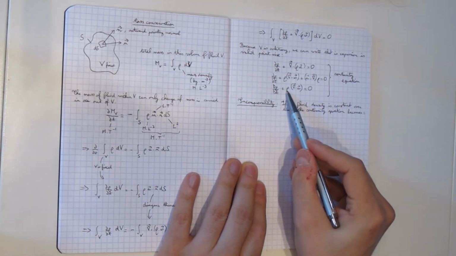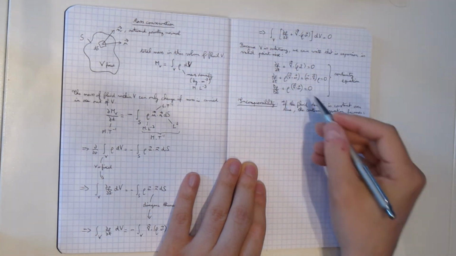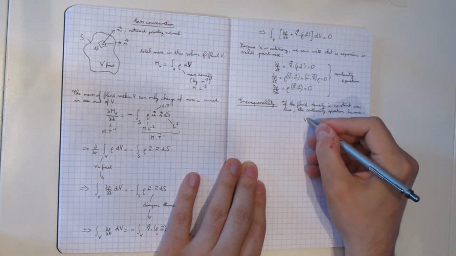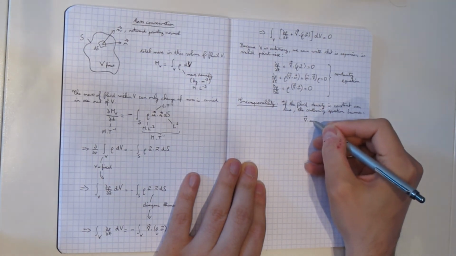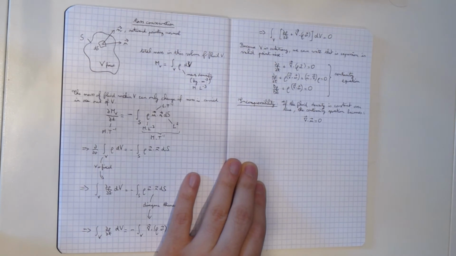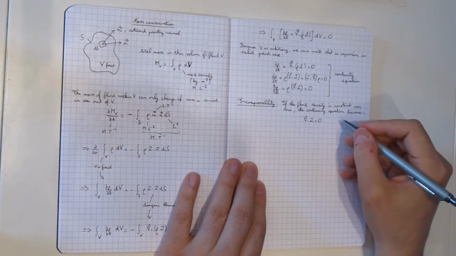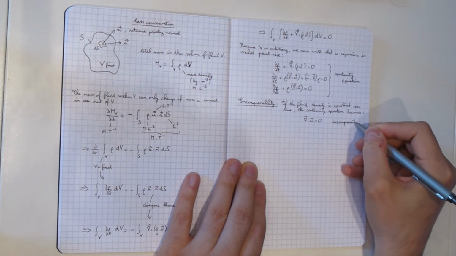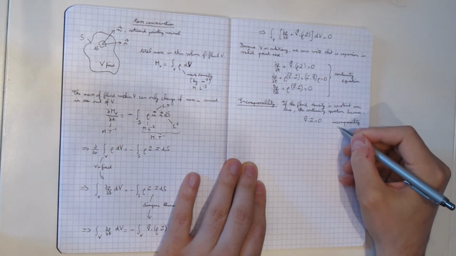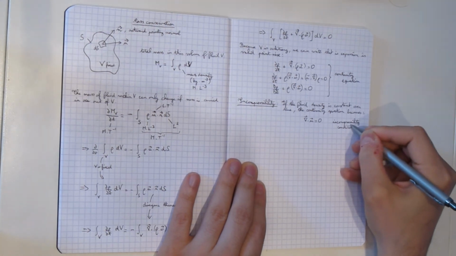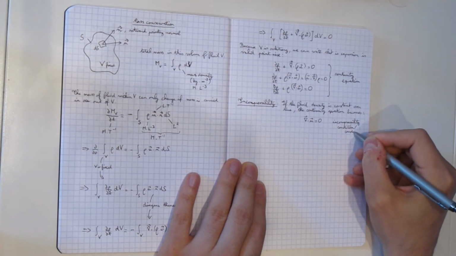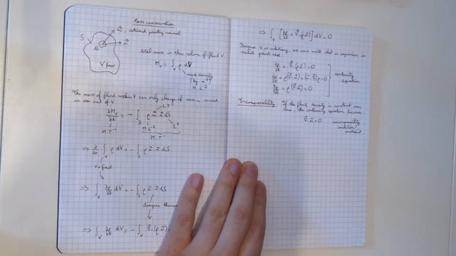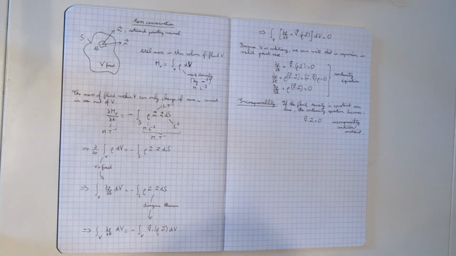Because we don't have a fluid of density 0, what's left of this equation is the divergence of u equals 0. This is called the incompressibility condition or constraint. And the fluid is said to be incompressible.